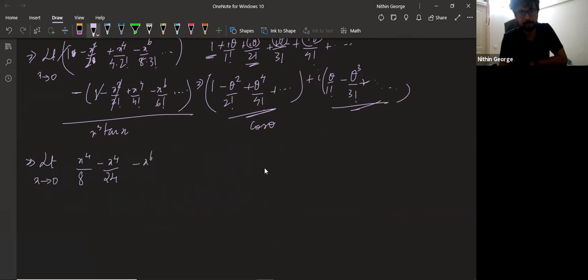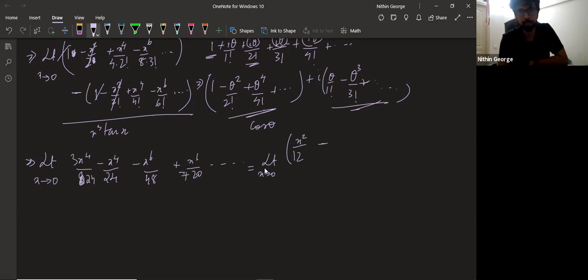Then here, minus x power 6 by 6 into 8 is 48, plus x power 6 by 6 factorial, which is 720, and so on. So the numerator can be written as 3 by 24, like 1 by 8. This becomes 2 by 24, which is x squared by 12.